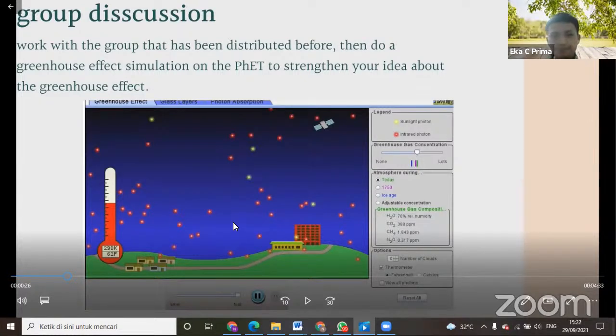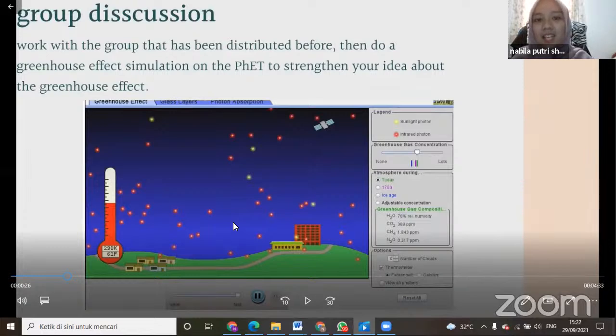Also in our house, we use some electrical tools. We use a refrigerator. We use the AC that will release CFC gases, and that also contributes to global warming.